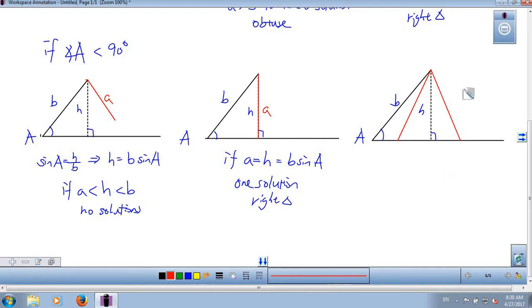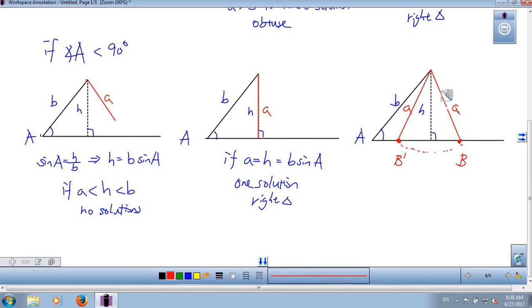When I swing this side A, side A here and side A here, it will swing over and intersect at this point and this point. So this is point B and this is point B prime.